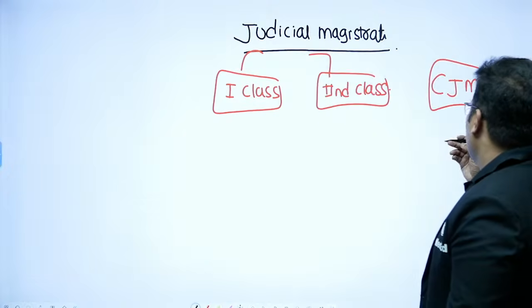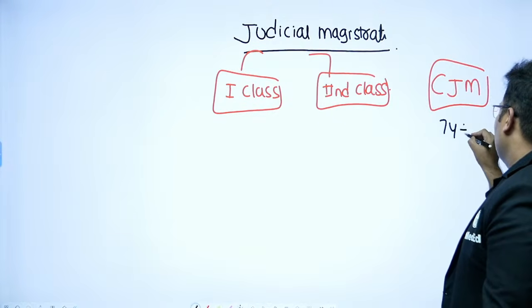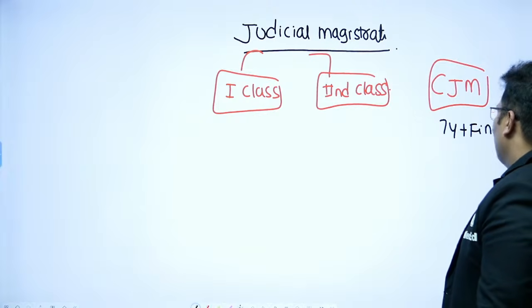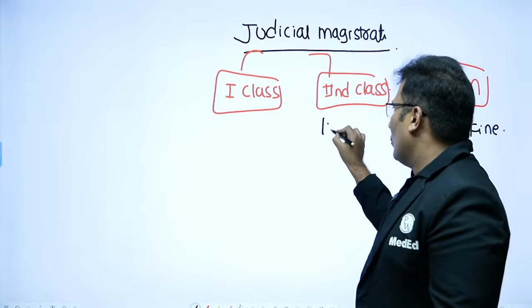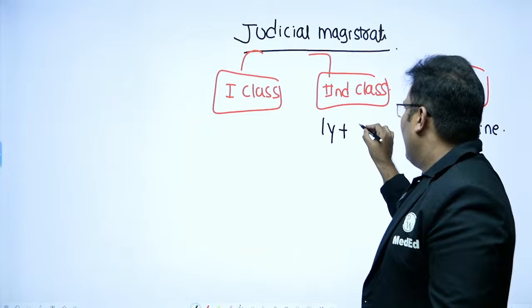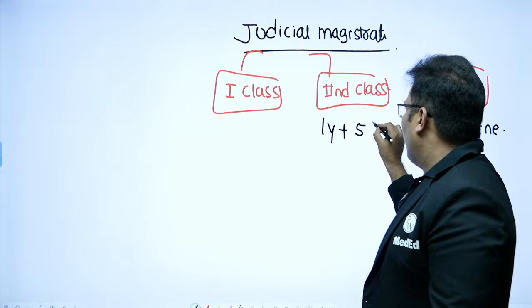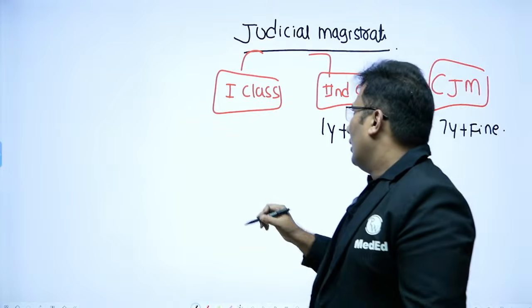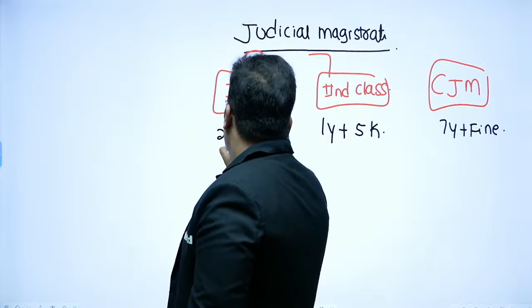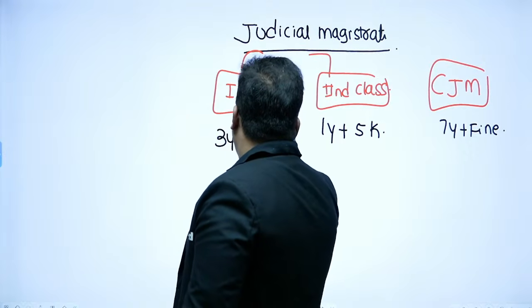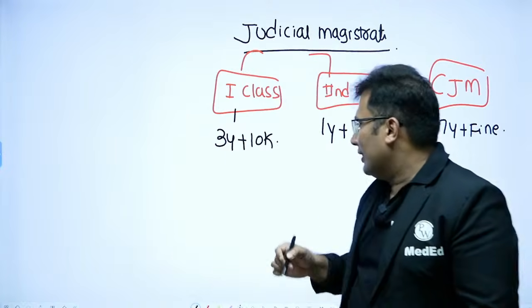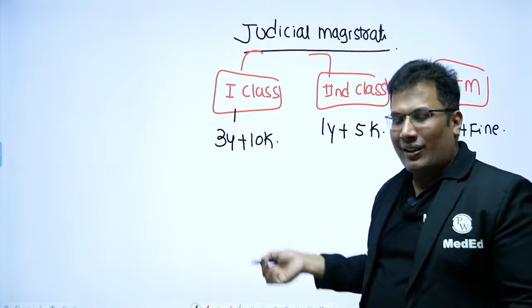The power of the CJM is 7 years and unlimited fine. Second class magistrate, 1 year and 5K. And the first class magistrate, 3 years and 10K. You can write this for a 3 marks question, that is more than sufficient.